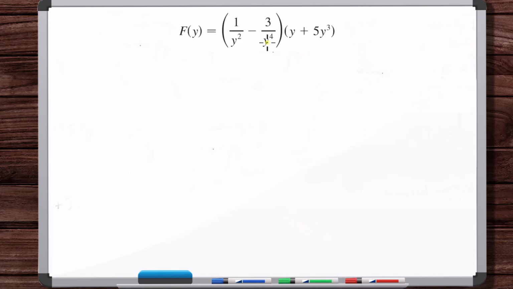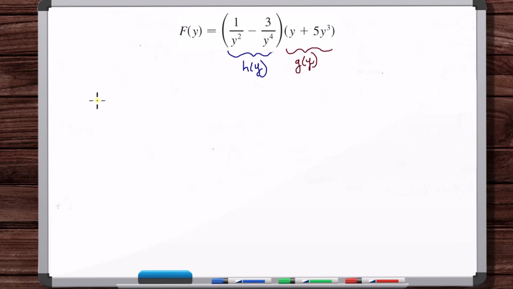Okay, so again, it would probably be easier if we just distributed this and used the power rule, but we're practicing the product and quotient rule in this video. So this is h of y, and this is g of y.